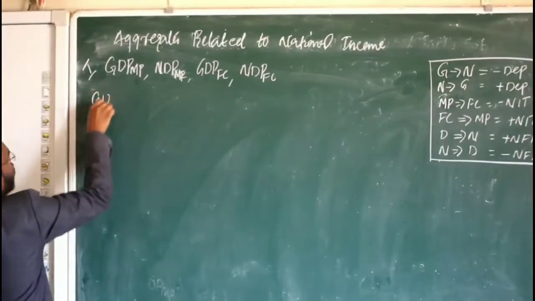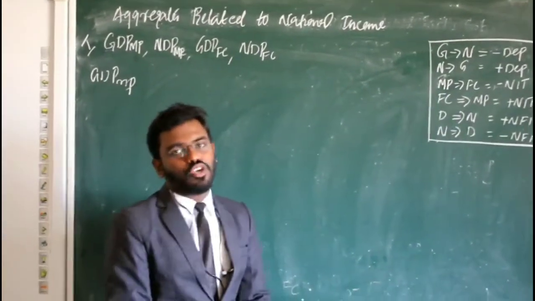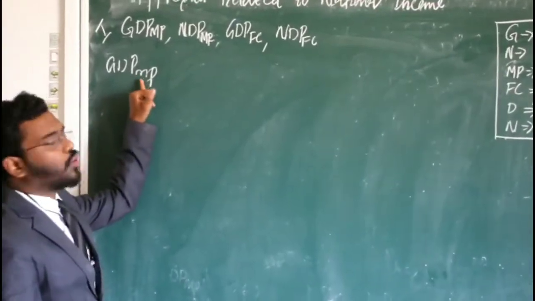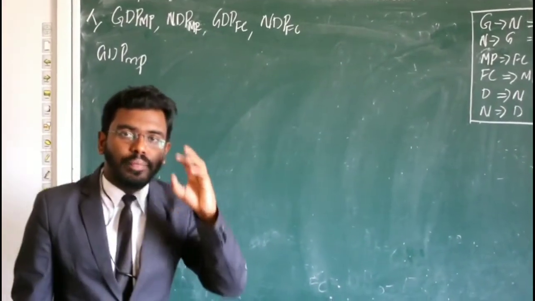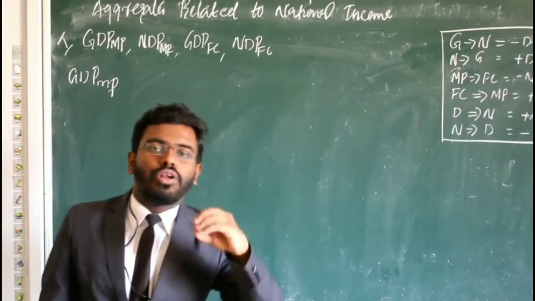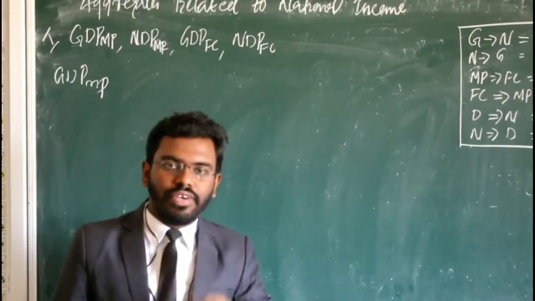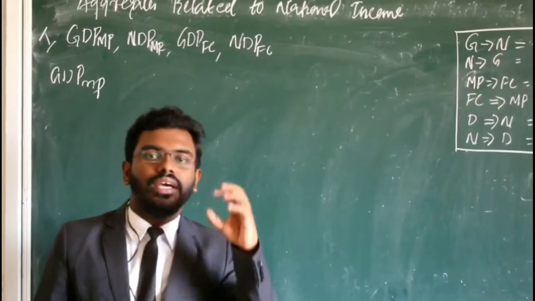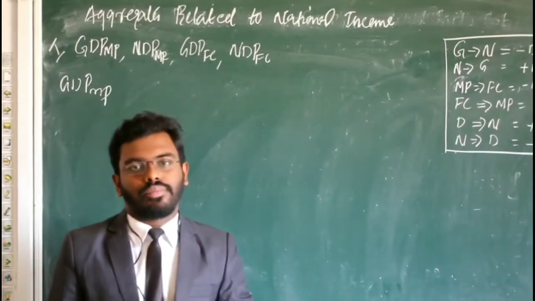So the first concept is GDP MP. What is GDP MP? It is gross domestic product at market price. Simply, GDP MP is the sum total of the money value of all final goods and services produced in a country during a particular accounting year.